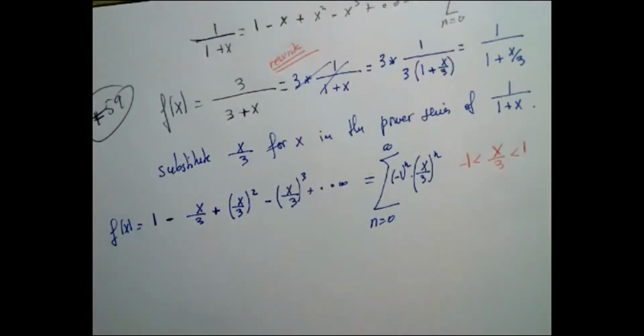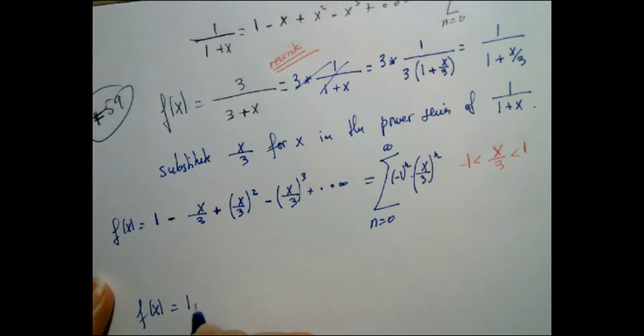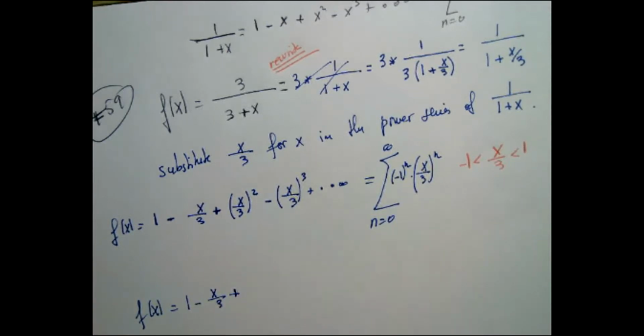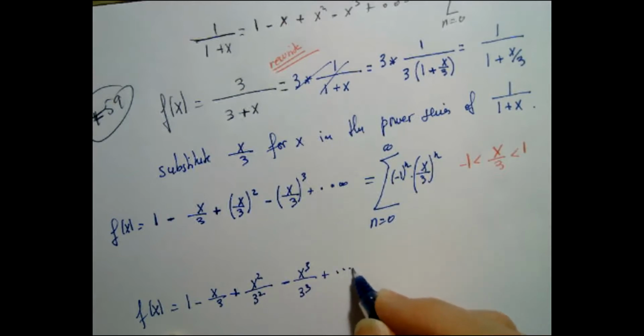Now the rest is algebra, making things look much better. Finally we have f of x equal 1 minus x over 3 plus x over 3 squared, which is x squared over 3 squared, minus x cubed over 3 to the power 3, and so on.